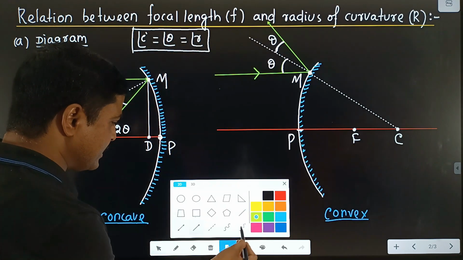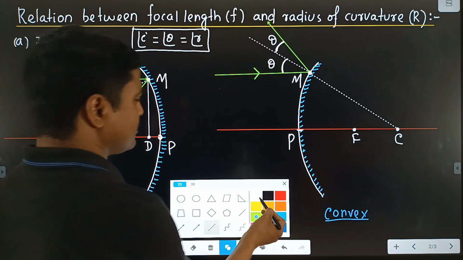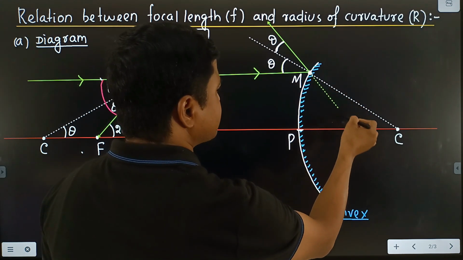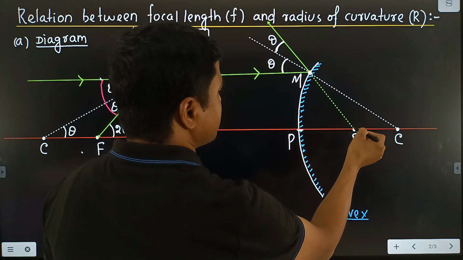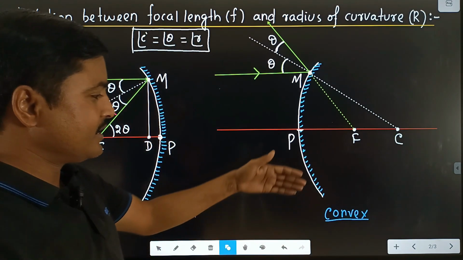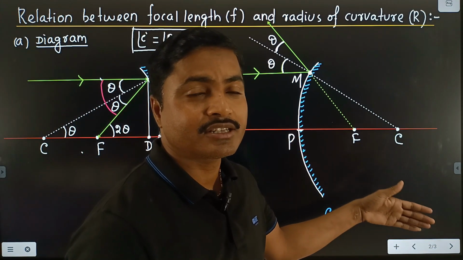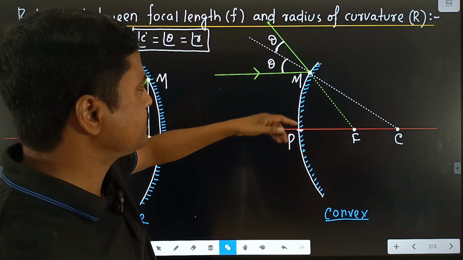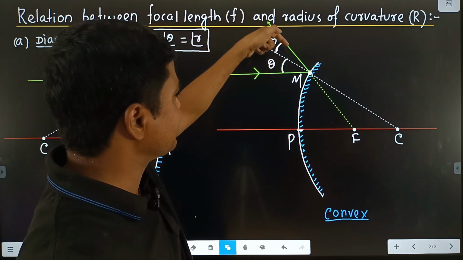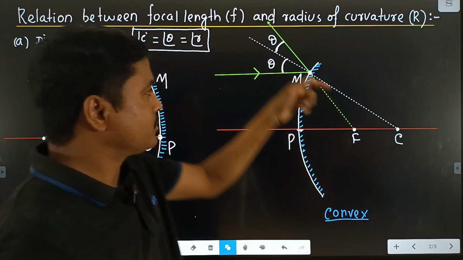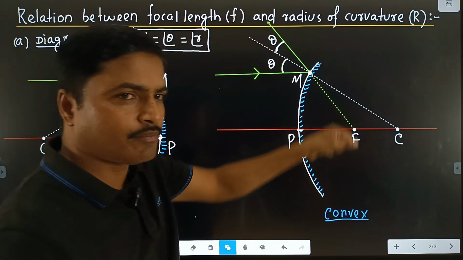Then we extend the reflected ray in the backward direction, and you know the ray must pass through the focus. Clear? And in case of convex, if the incident ray is parallel to the principal axis, and we extend the reflected ray, the ray appears to meet at the focus.